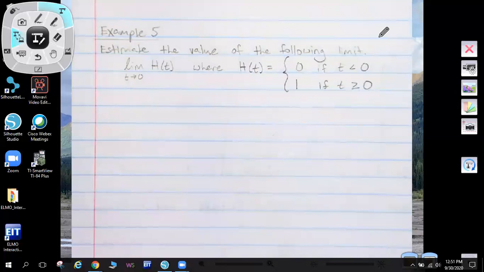We're not going to actually make a chart for this one. We're just going to look at the graph of this function. You'll see why it's called a step function.